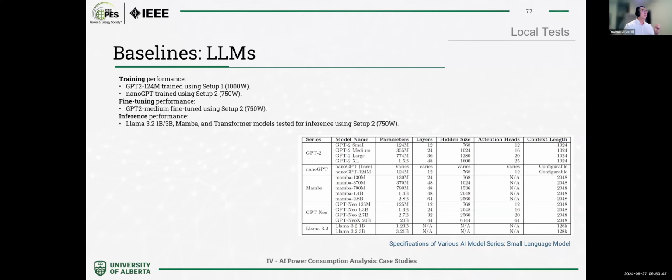The models we cover are a lot of different ones, from GPT-2, the classical one, and Nano GPT, to newer, more advanced ones like Mamba, and even the latest Llama 3.2, which was released I think 2 days ago. We finally managed to test it as well here.